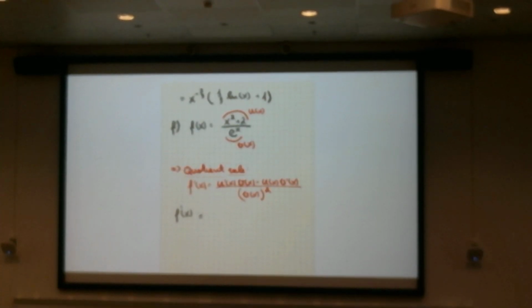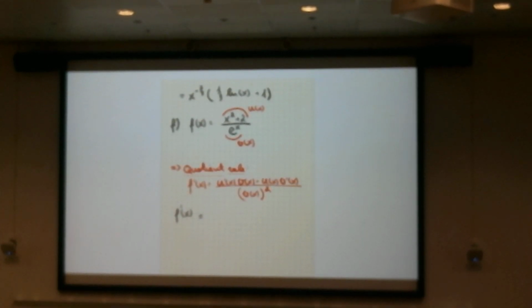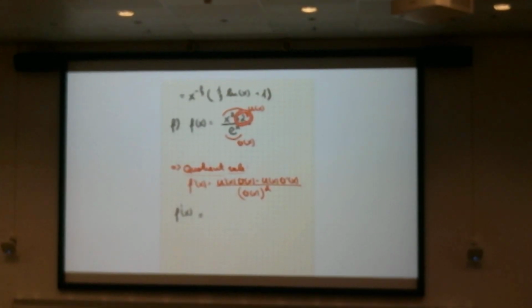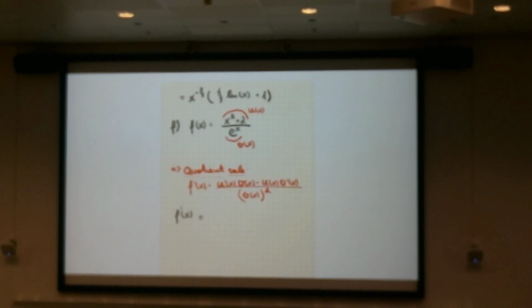Exactly. Because if you add something or you subtract something, it's just a constant. It doesn't matter. The derivative of a constant is always 0. That goes away. So we have 2x, right? And then we have v of x, as it is.